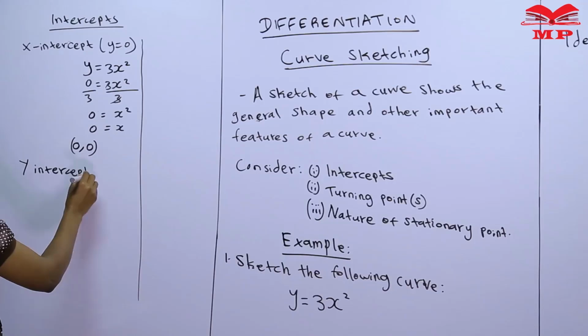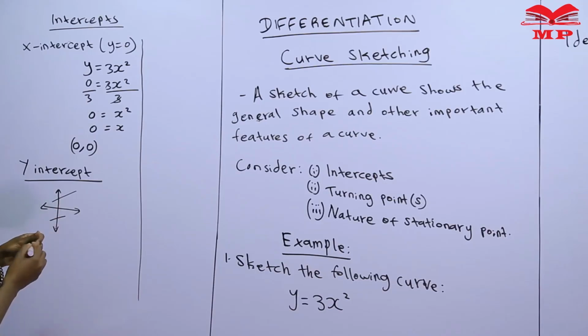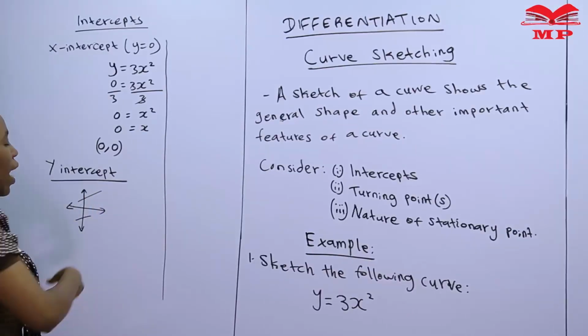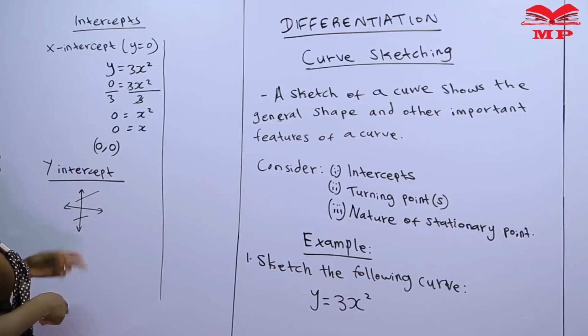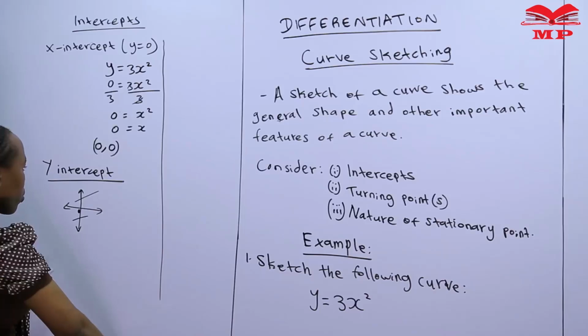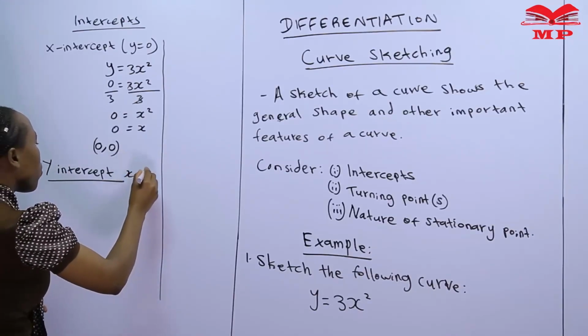Again now we come and get the y-intercept. On the y-intercept, if we have our Cartesian plane this way, the line will cut any point on the y-axis. And therefore it means that at any point on the y-axis the value of x is 0. So on the y-intercept, our x is equal to 0.